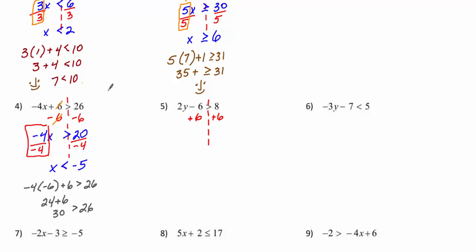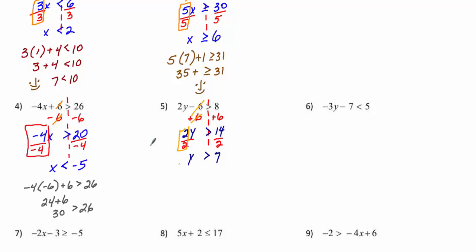So cancel out, 2y left, greater than 8 plus 6, 14. Divide by the coefficient, the 2. There's my big 1. Check myself along the way. 1 times y greater than 14 divided by 2, 7.